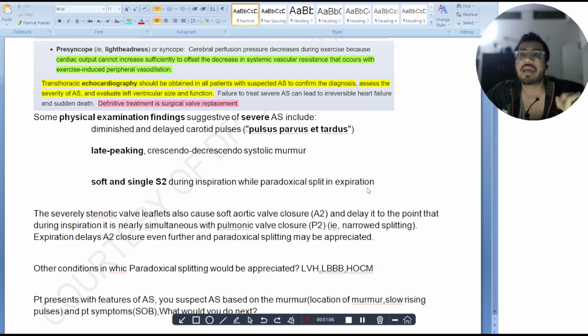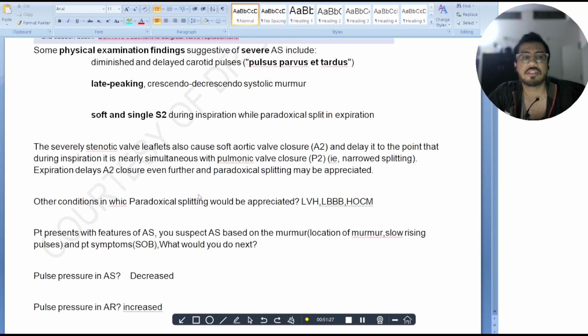If there's a single S2, this is pathological. That means that the aortic valve closure has been delayed to the point that it is almost close to the pulmonic valve sound. So there's a single S2, and during expiration, because the A2 is delayed, you can hear the P2 first and A2 later. The severely stenotic valve leaflets cause a soft aortic valve closure and delay, so they're explaining the same thing that I just mentioned.